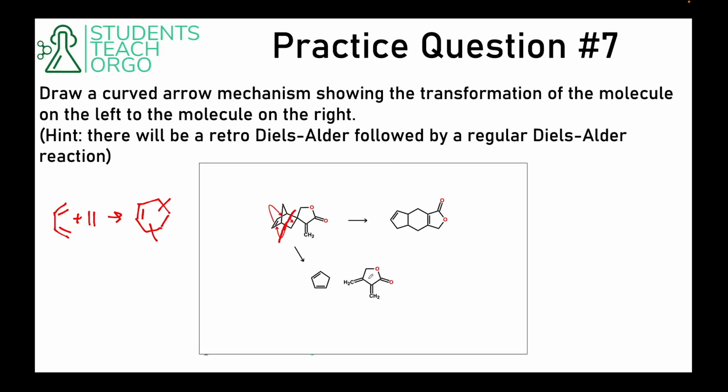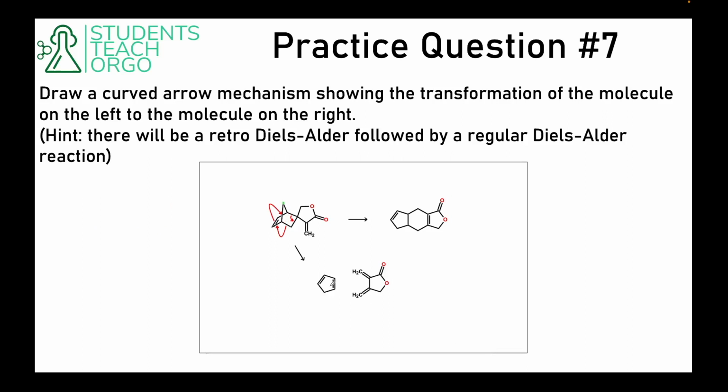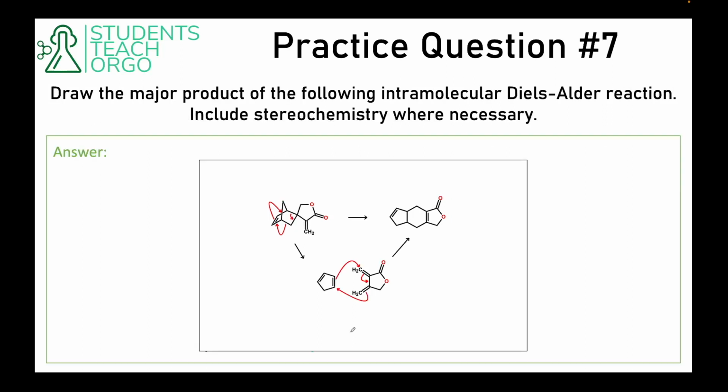Now to get from here to here, I'm just going to redraw these and rotate them a little bit. And now you can see that we can just proceed forward regularly with the Diels-Alder that we've been seeing all day, and this would be an intermolecular one because it's between two molecules. And so if you draw arrows to do another Diels-Alder, that'll give you the products right there.